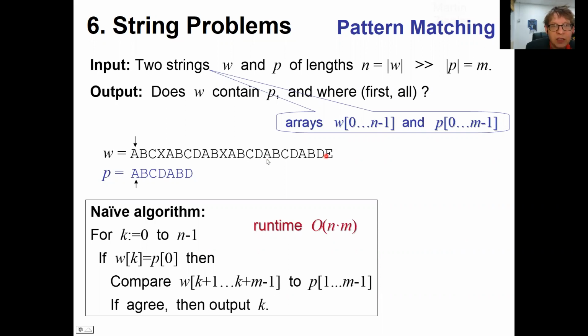Let's look at an example run of this naive algorithm on this input. Up to ABC, there's agreement, but then the next character disagrees. It's a D in the pattern, it's an X in the input string, and that's a disagreement.